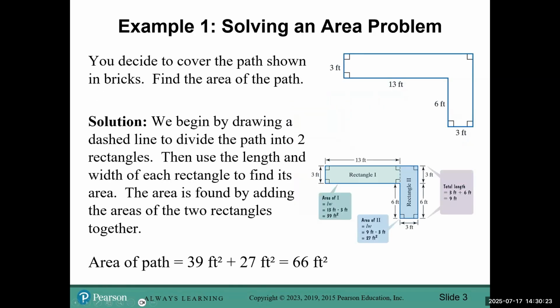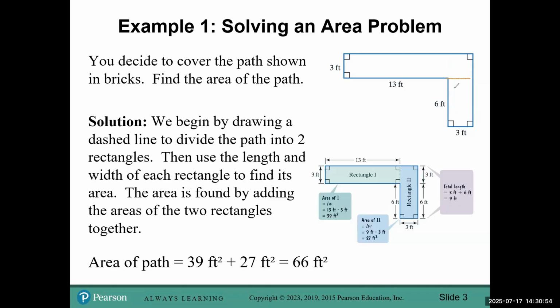And then we can do a slightly more complex problem, and you'll see some like this in your homework. And for this one, really, I think the easiest way is to just break this up into two rectangles, okay? And you can either cut it here, and then you've got this rectangle and this rectangle, or you could also cut it here, whichever way makes the most sense to you.